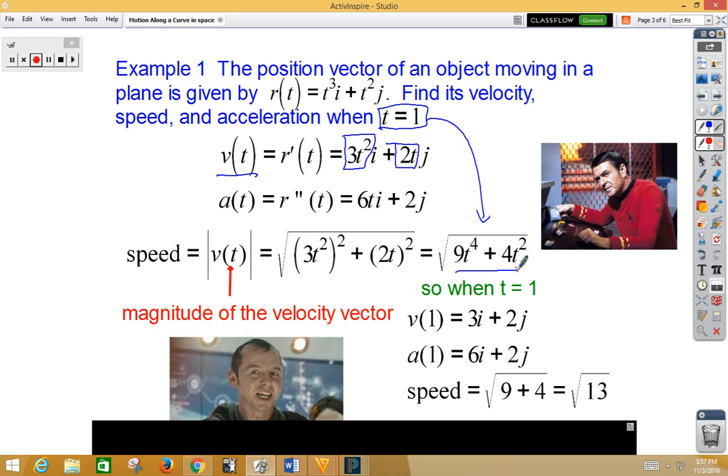So again, plugging in a 1 in our velocity, we get 3 and 2 as our coefficients, 3i plus 2j. When we plug in a 1 into our acceleration, we get 6 and 2.